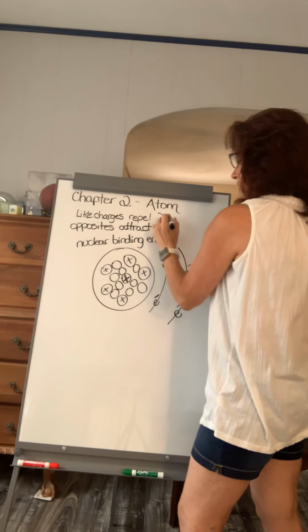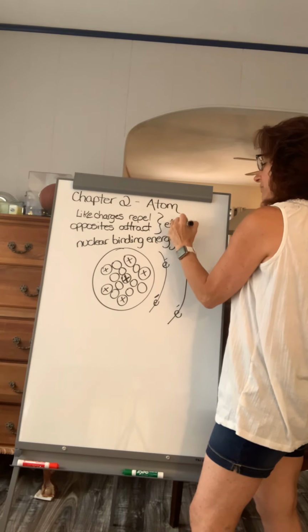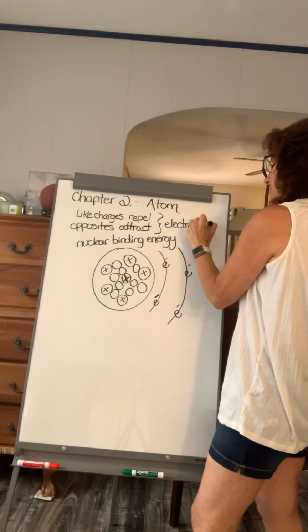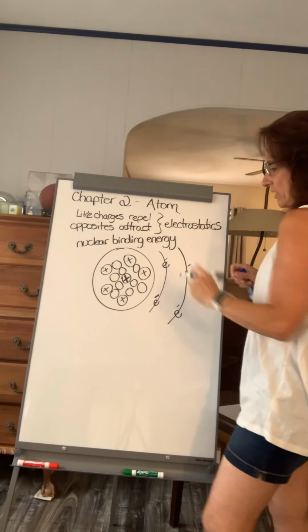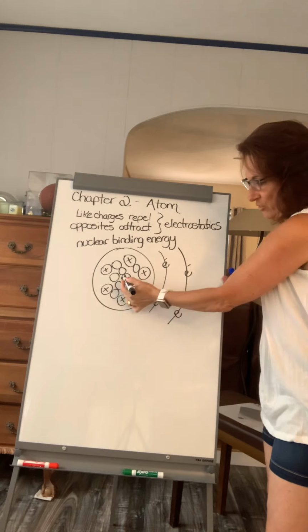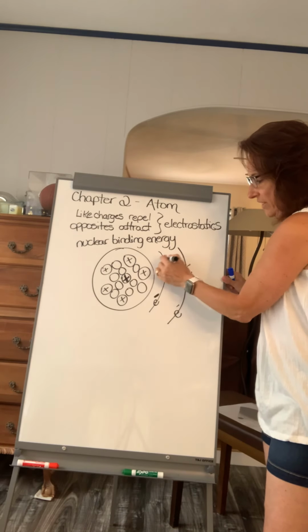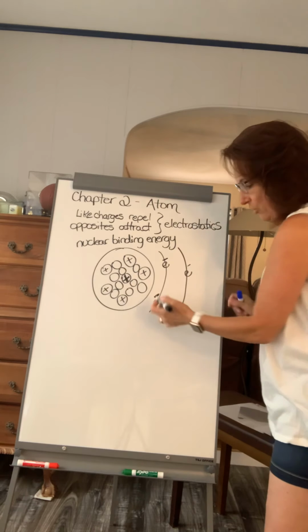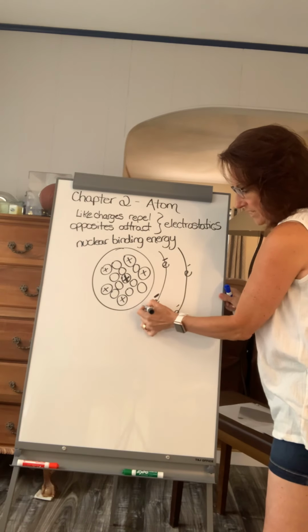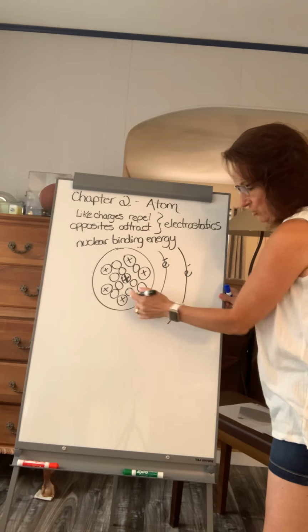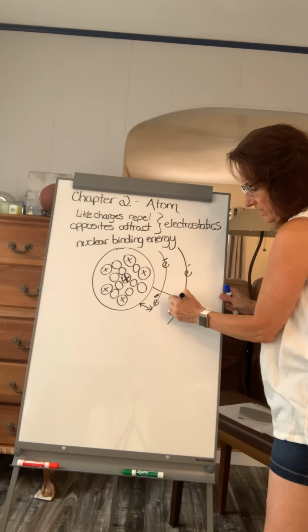And that is one of the laws of electrostatics. Okay, so because of the degree of attraction between the positively charged nucleus and the negative electrons, it holds it together. So the degree of attraction between here and here is stronger than here and here.